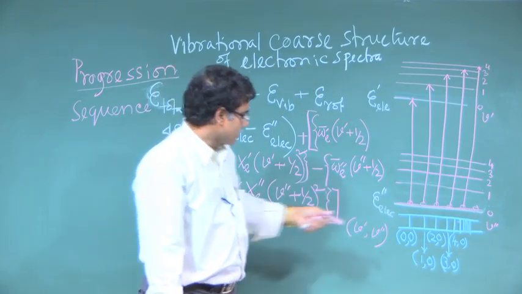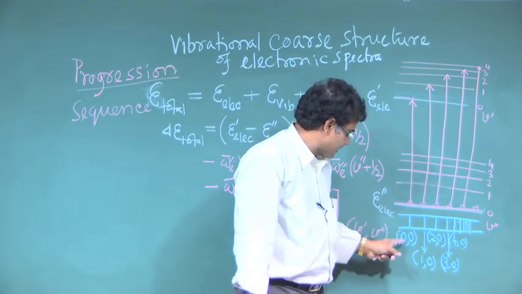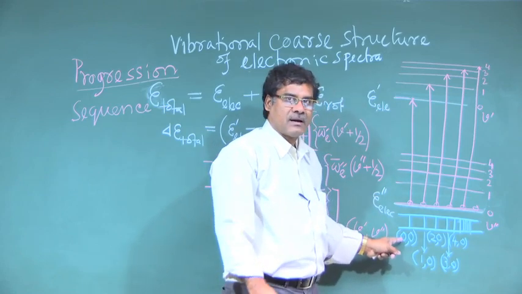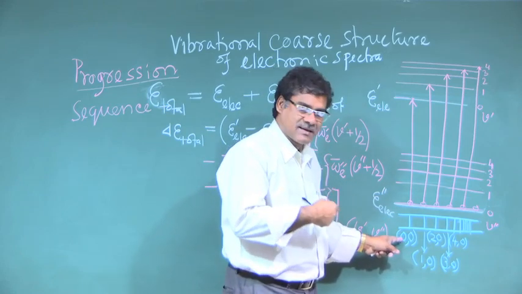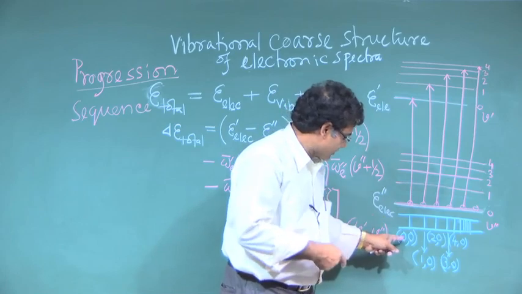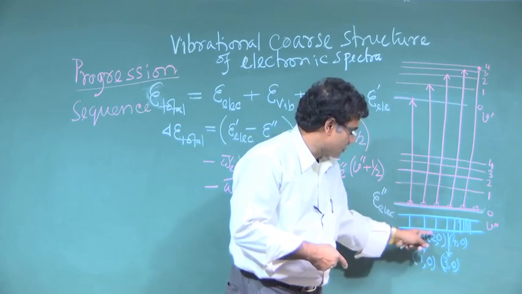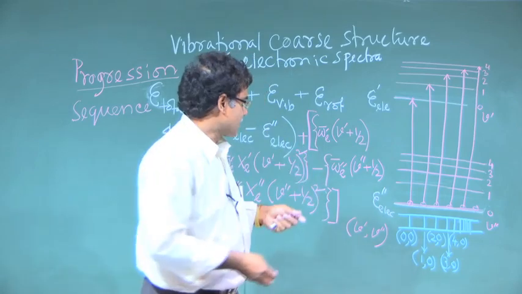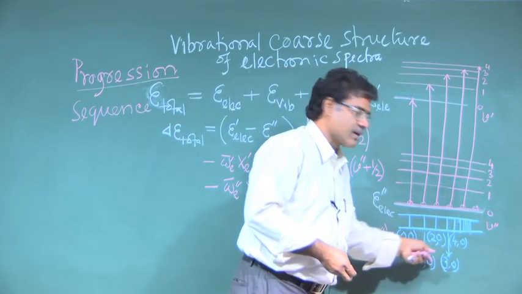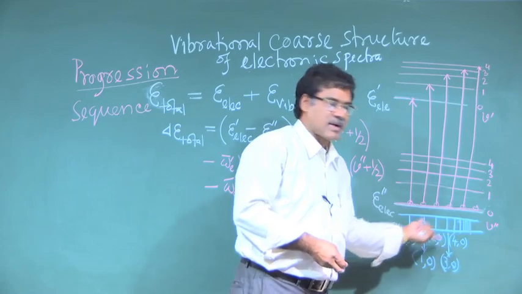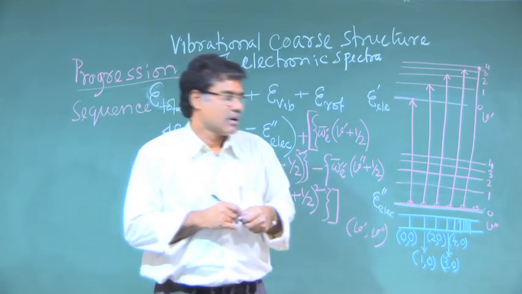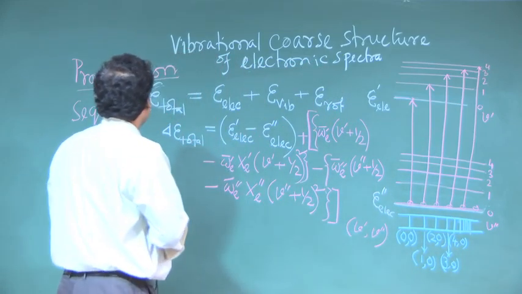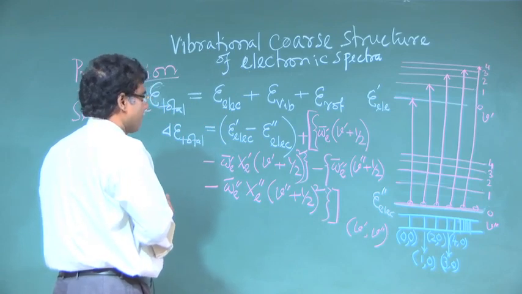Because here you can see this V dash is in progression, because it is 0, 1, 2, 3, 4, so it is increased by 1. So that's why these spectral lines are called progressive spectral lines.